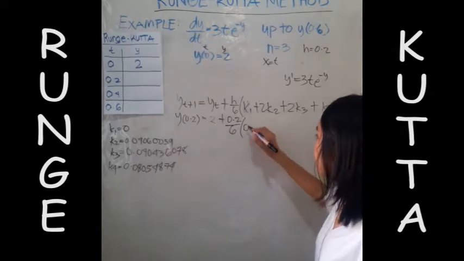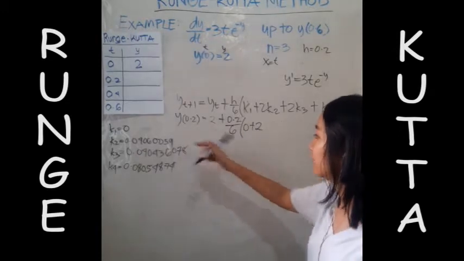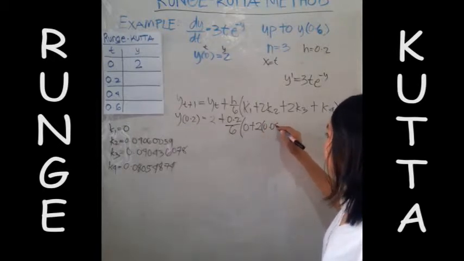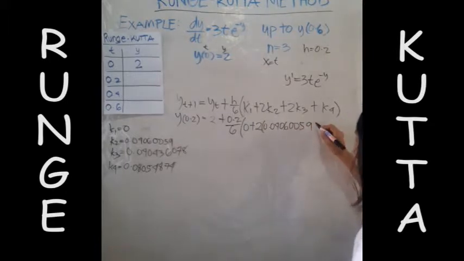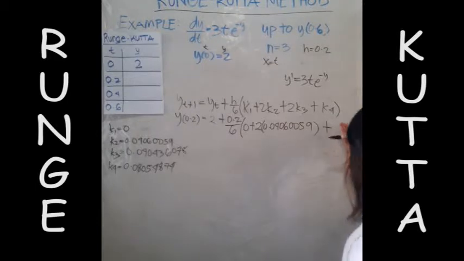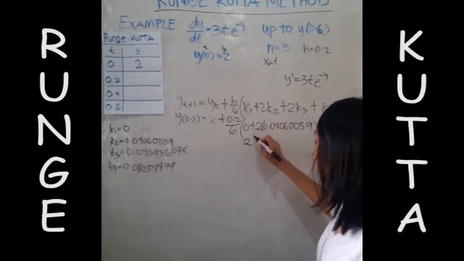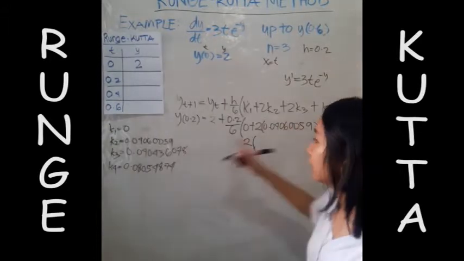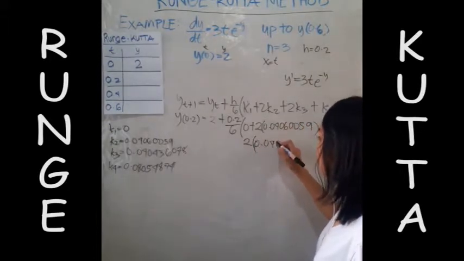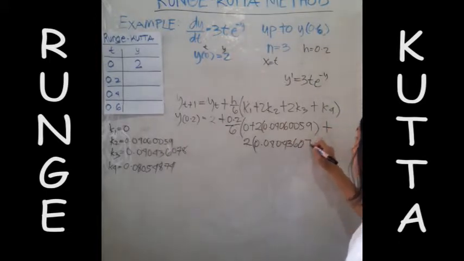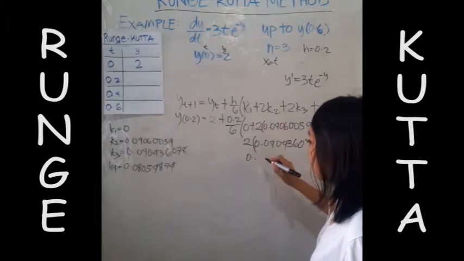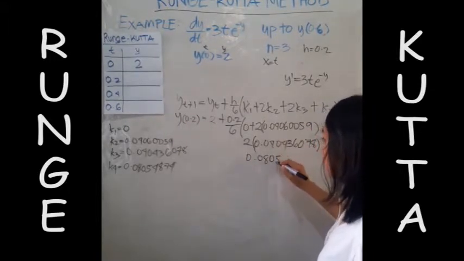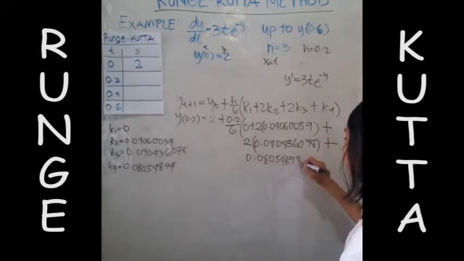So our k1 is 0, plus 2, k2 is 0.04060059, and plus 2, our K3 is 0.0404360078, and plus our K4, which is 0.08054874.